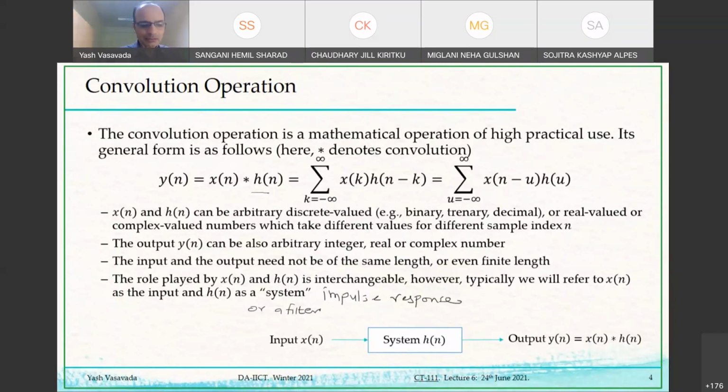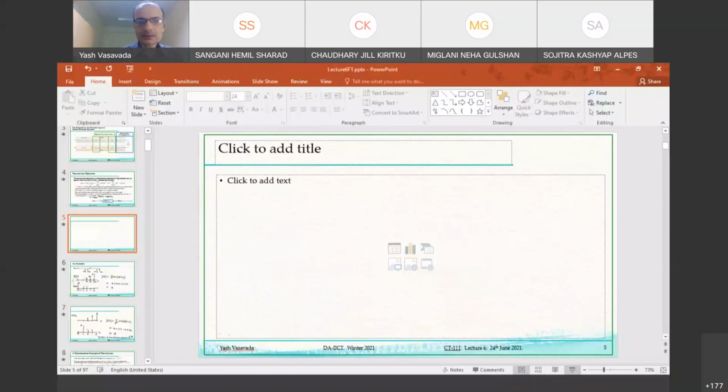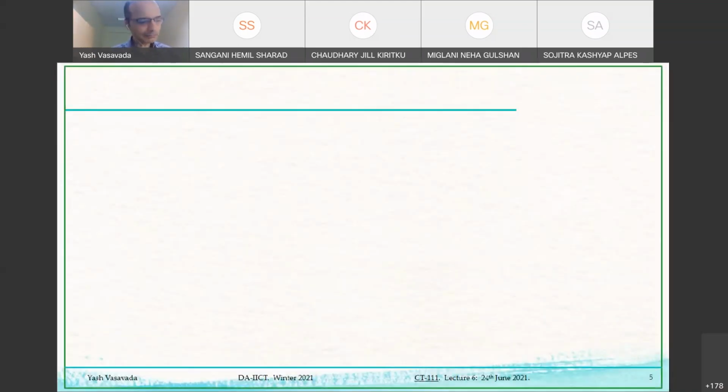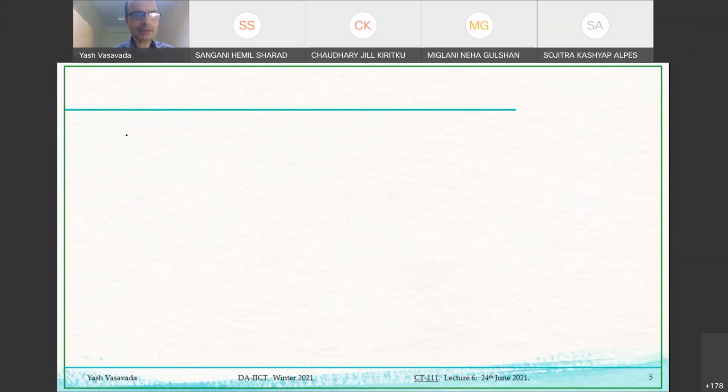For that, let us define x of n as 1 when n is equal to 0, and it is 0 otherwise.